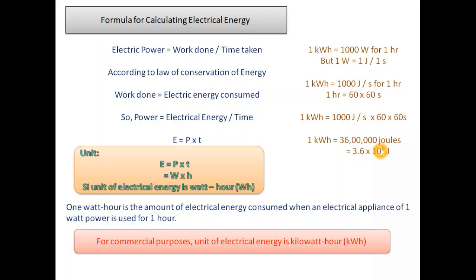So 1 kilowatt hour is equal to that many joules of electrical energy. Kilowatt hour is the bigger unit and joule is the smaller unit, so we use kilowatt hour as the unit of electrical energy for commercial purposes.